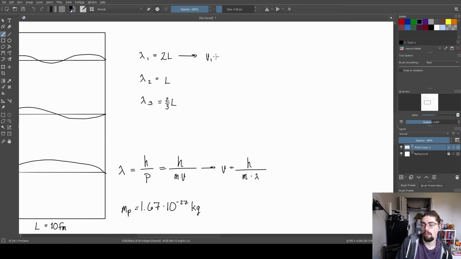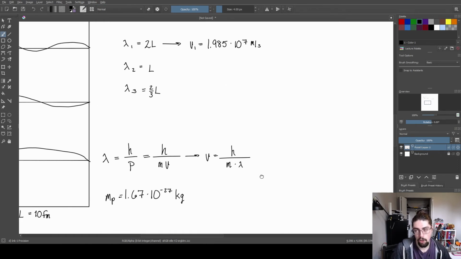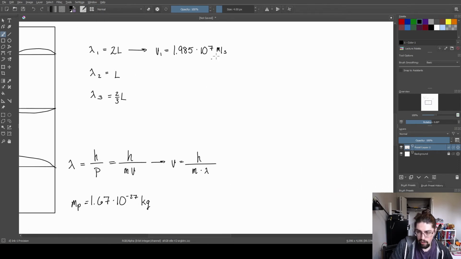So v1 would be equal to, if we plug in all of those numbers, 1.985 times 10 to the 7th, pretty fast, meters per second. Let me carry this all the way for a second and deal with 2 and 3 in a moment. Now we've got a velocity. Now the energy is supposed to be 1/2 mv squared.